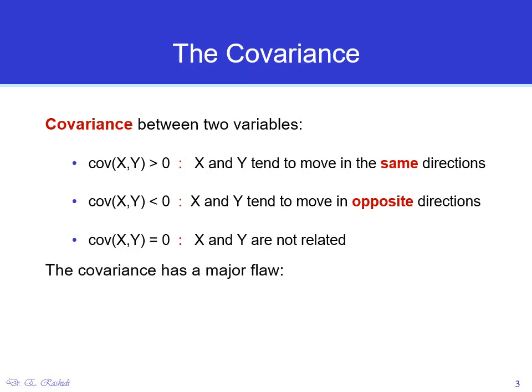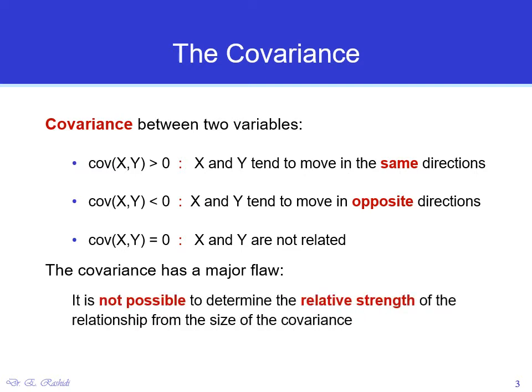So the covariance has a major flaw. What is that? It is not possible to determine the relative strength of the relationship from the size of the covariance. If the covariance of x and y, for example, is 34, and the covariance of another two variables, x2 and y2, is 24, you cannot compare these two values.